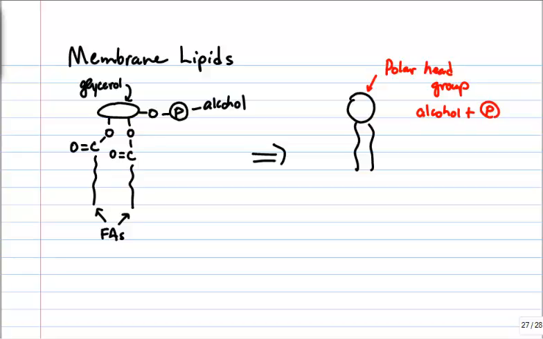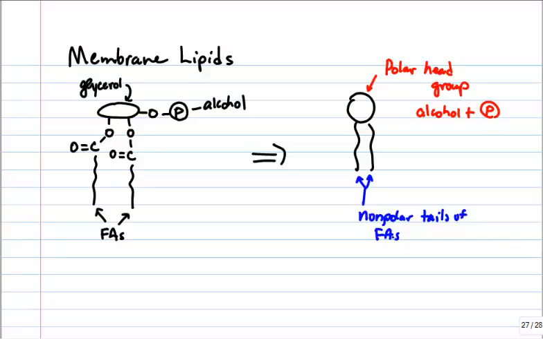And then these 2 squiggly lines really represent the non-polar tails. That's not one word, so let me put a space there. Non-polar tails of the fatty acids. So this is kind of the architecture, if you will, of a membrane lipid. A polar head group, 2 non-polar tails.